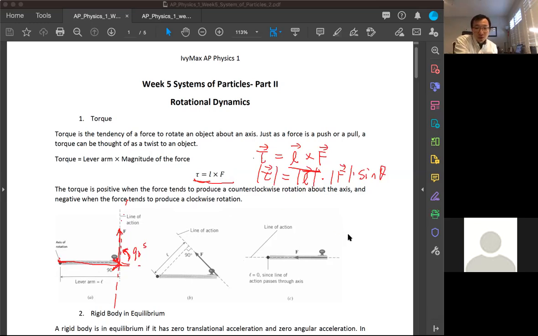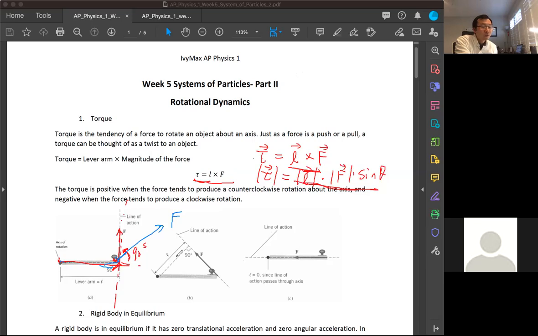Okay, so also if they are not perpendicular, we can work the same way using the general formula. For instance, I have a force, using another color in blue, pointing this way. Still, this is a door, right? I drag that door in that direction.